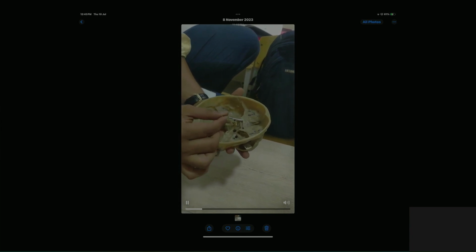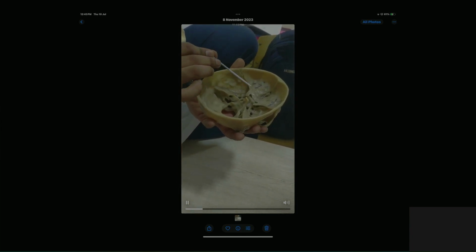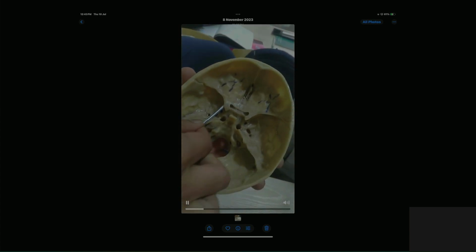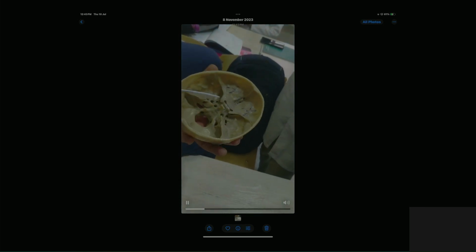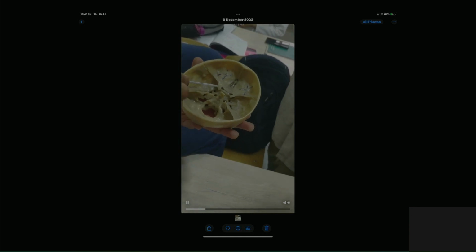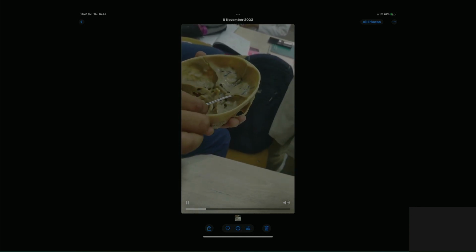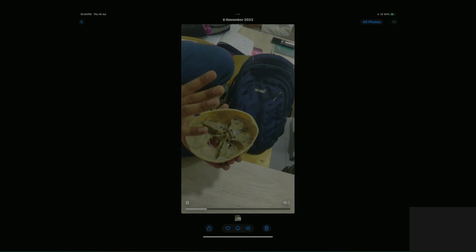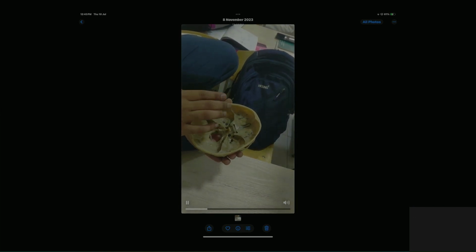After this, see, lesser wing of sphenoid, we have one hole here. Can you see? This hole, both side. This we call superior orbital fissure. From this superior orbital fissure, cranial number 3, cranial number 4, cranial number 6.